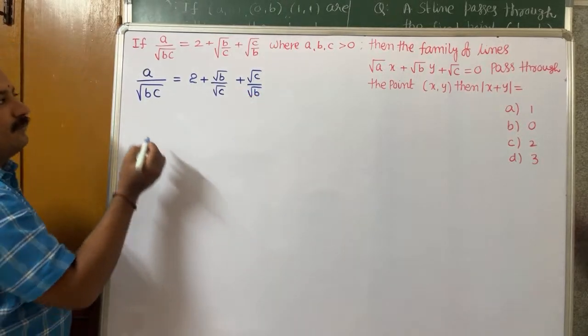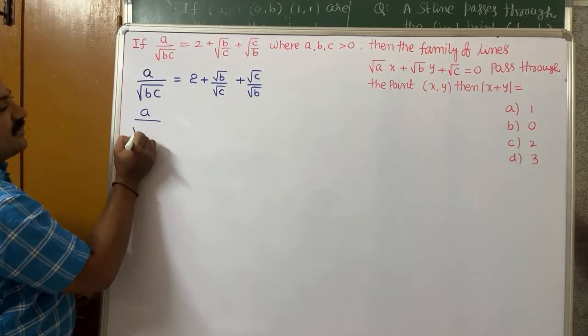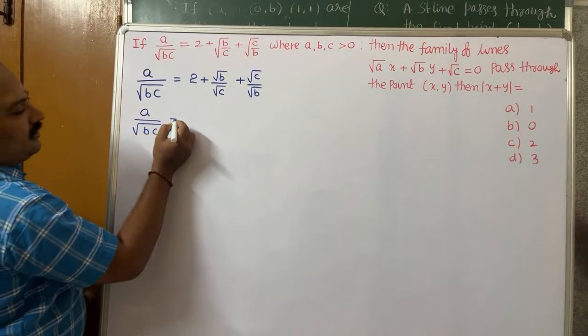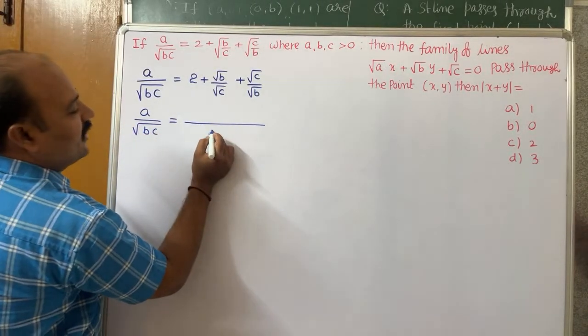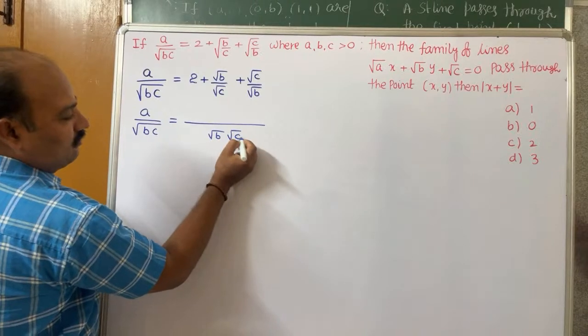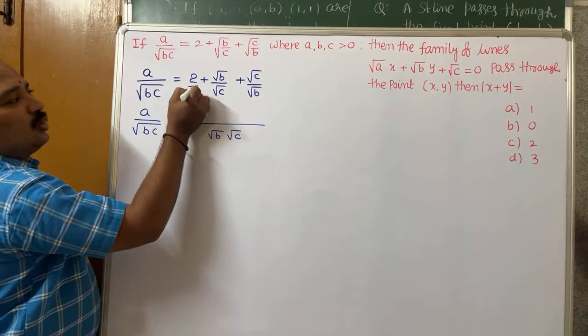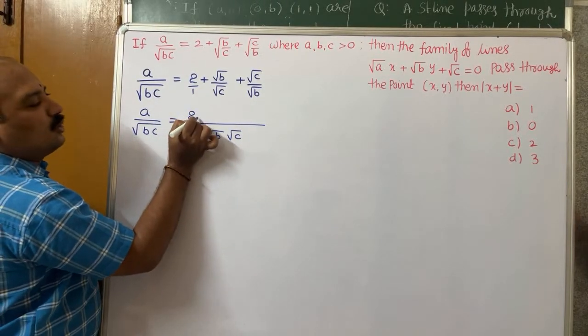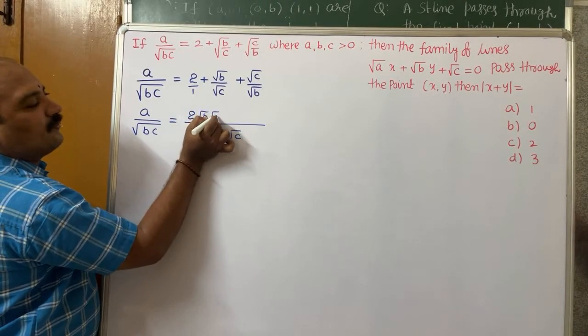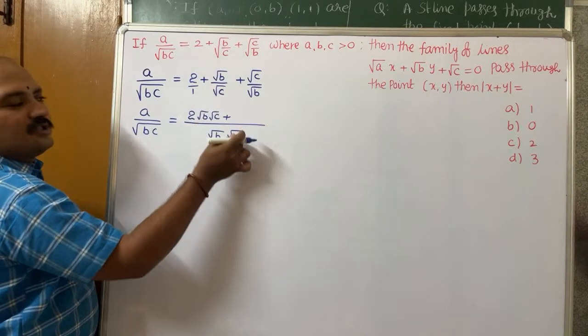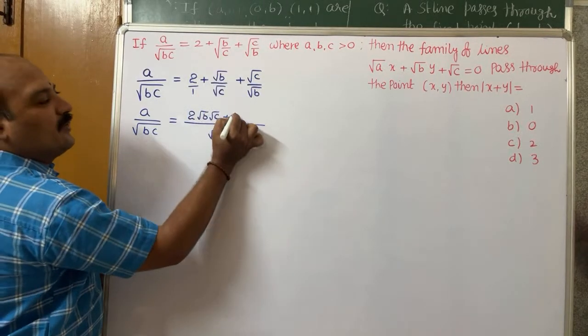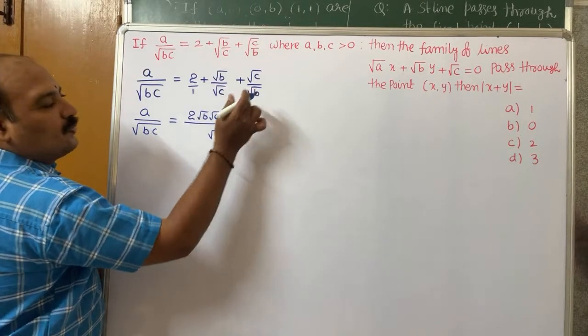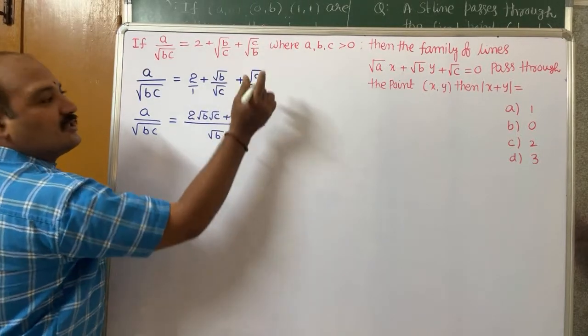Now take the LCM. Root b into root c is the common denominator. So 2 into root b into root c, plus root b into root b is b, plus root c into root c is c.